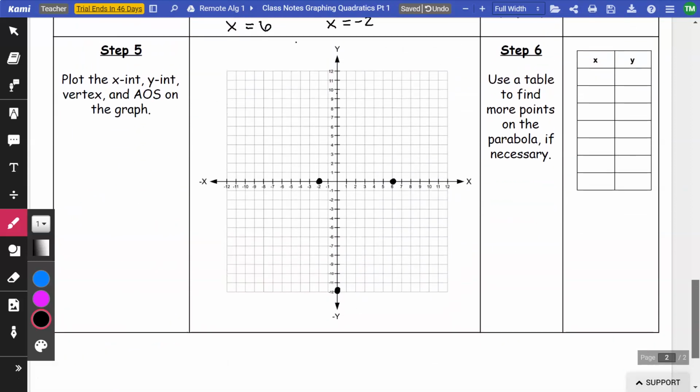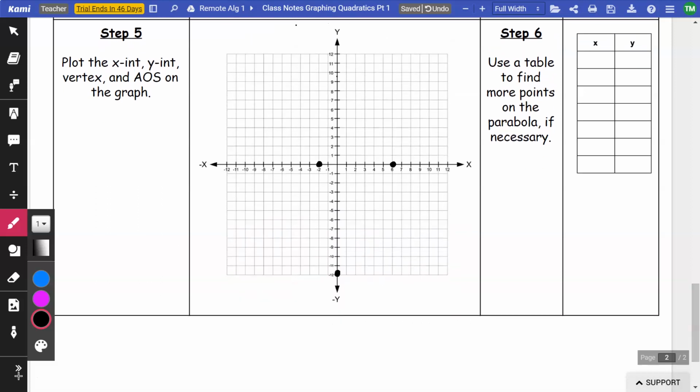So let's see, 2, negative 16, 13, 14, 15, it'd be like there. And then our axis of symmetry is just that vertical line that goes through x equals 2. Here's my vertex, here's my axis of symmetry, x equals 2.